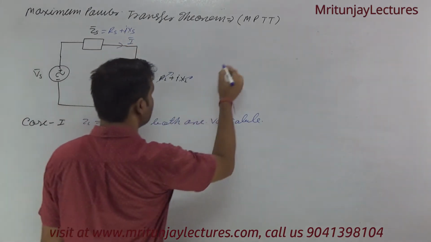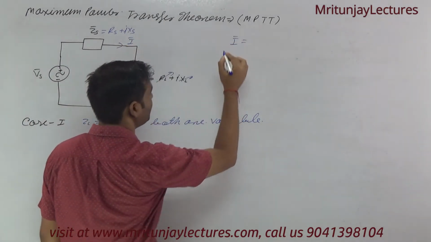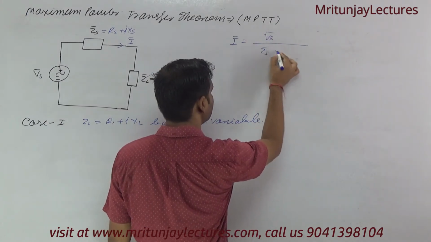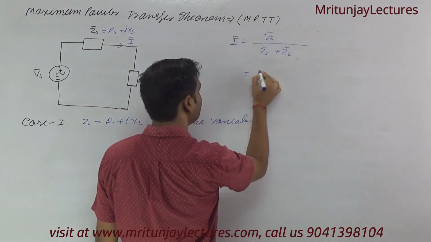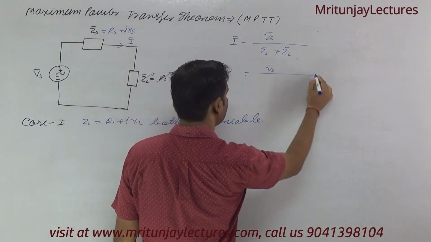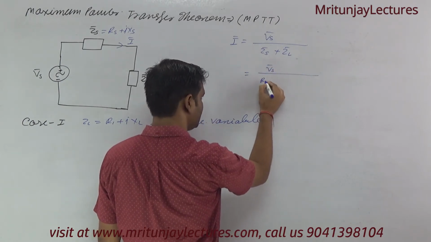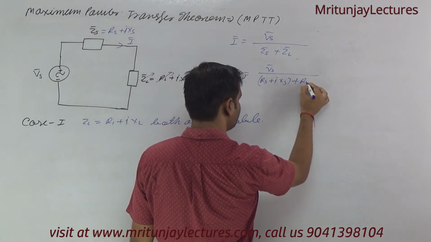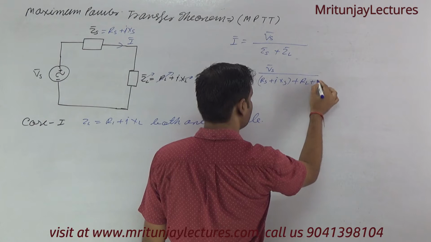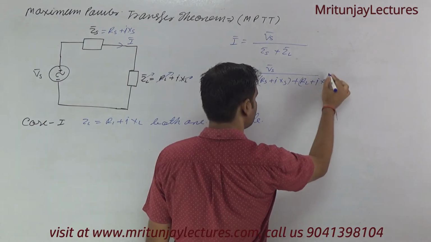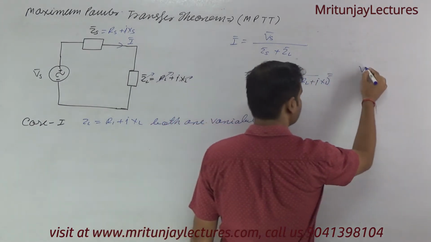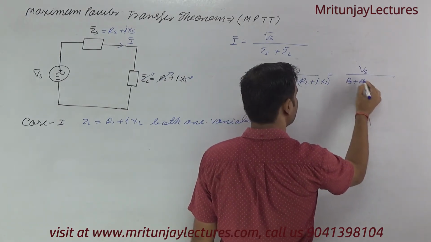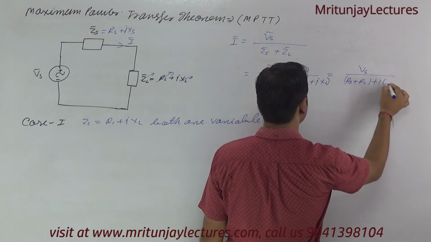If you want to write the current, then I is written as Vs divided by Zs plus ZL, where Zs is written as Rs plus jXs, and ZL is written as RL plus jXL. So it is written as Vs divided by Rs plus RL plus j(Xs plus XL).